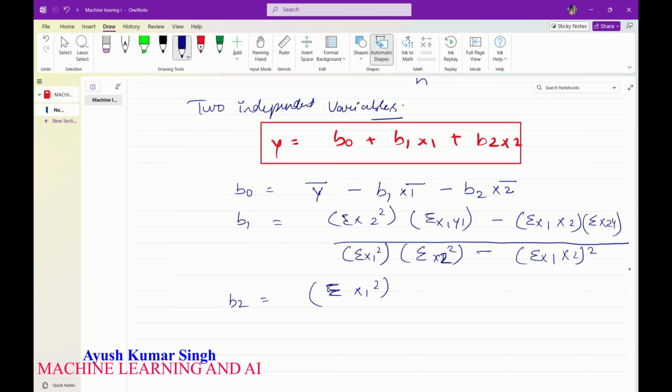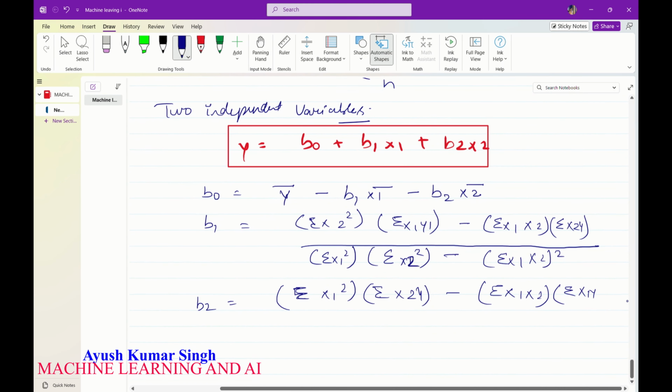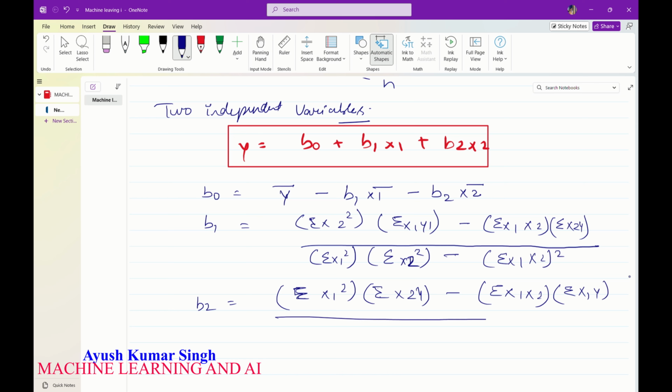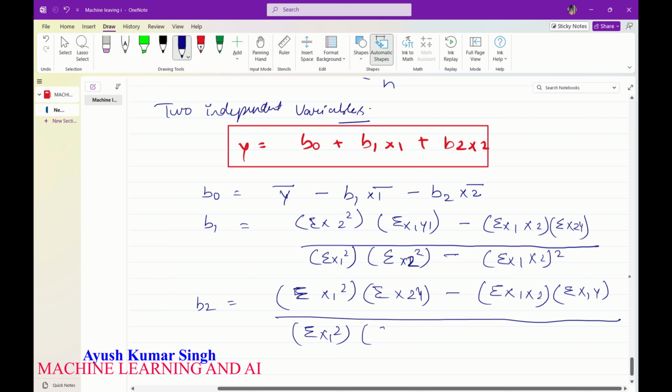sum of x1 whole square, sum of x2y minus sum of x1x2 then sum of x1y. This is x1y. Okay, upon sum of x1 whole square, same as above, sum of x2 whole square, then minus sum of x1x2 whole square.